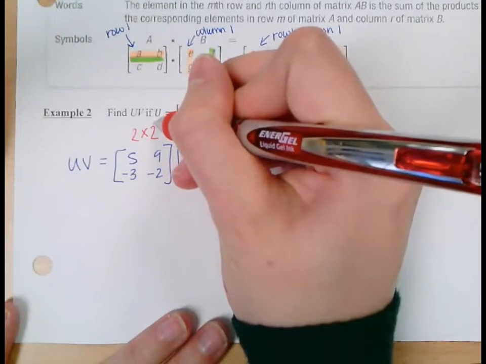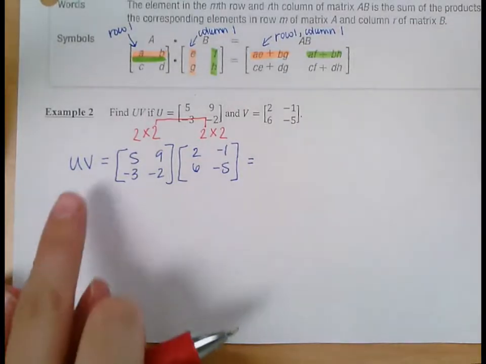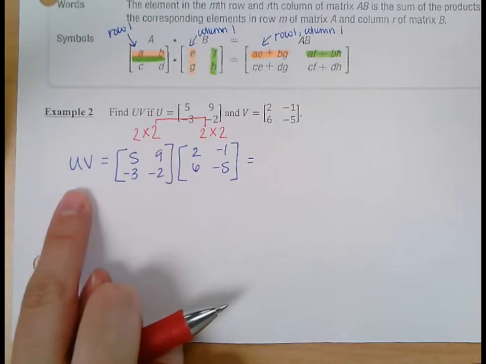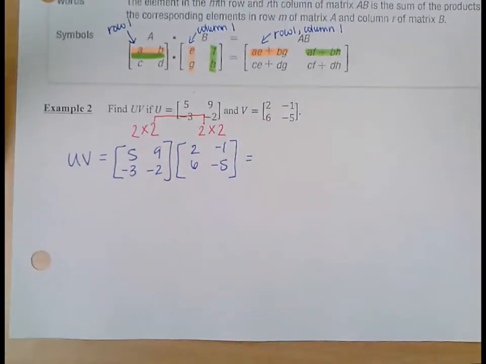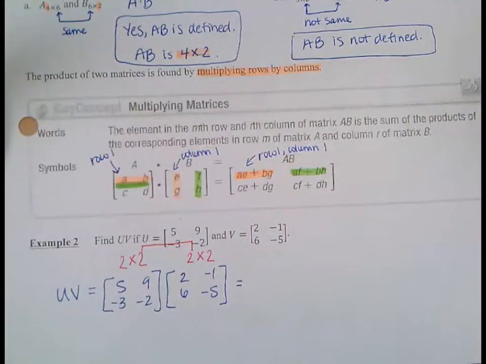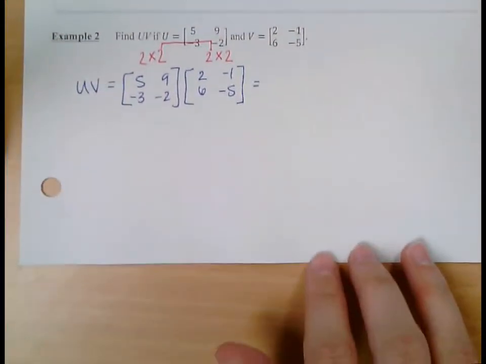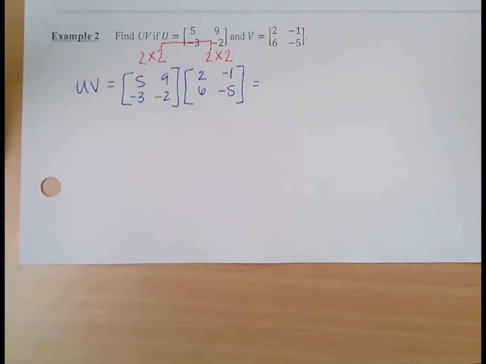As long as the columns in the first matrix and the rows in the second matrix are the same number, then you can. What are the dimensions of our product U times V going to be? My answer is going to be what dimensions? This is what we had determined up above as well. Caitlin? Thank you.